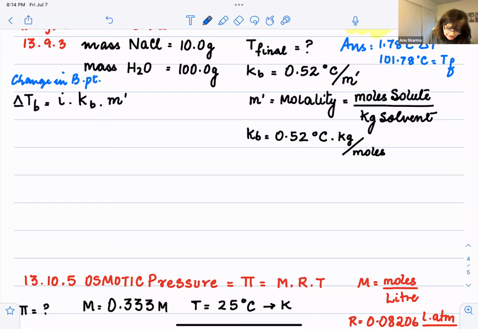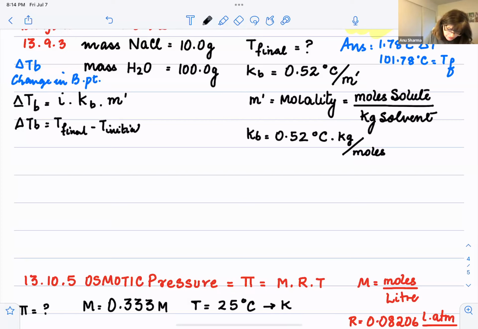So delta TB is a change. The final boiling point is the initial plus the change. So this delta TB also stands for T final minus the T initial.